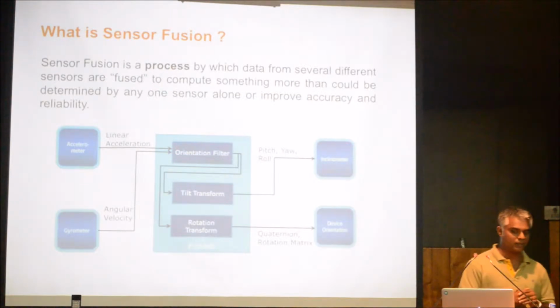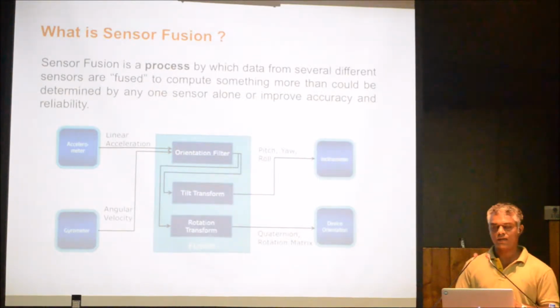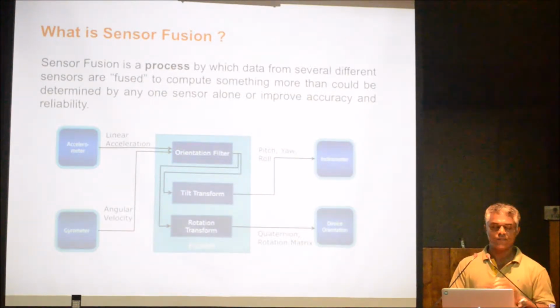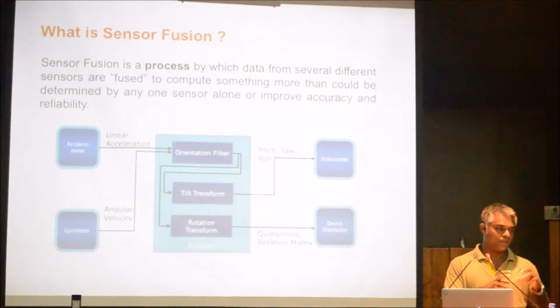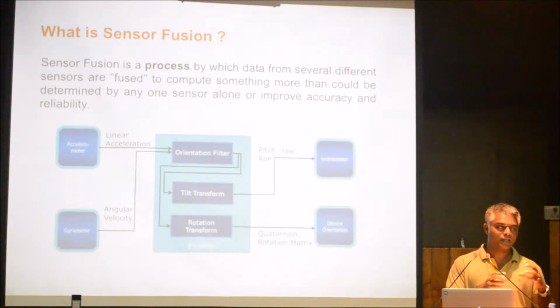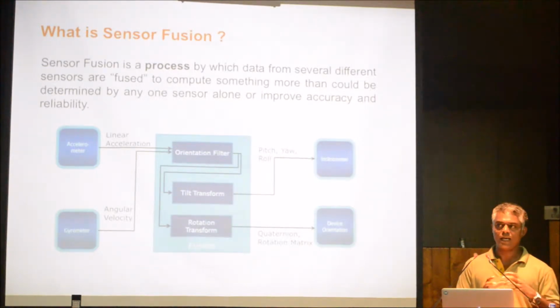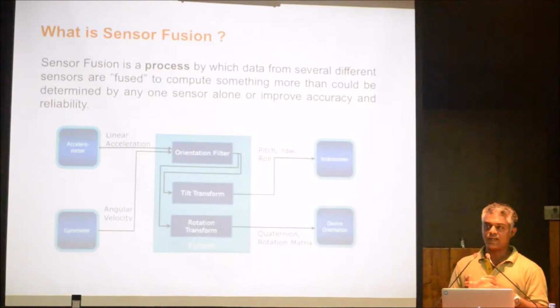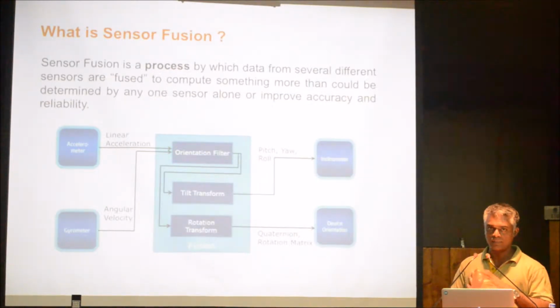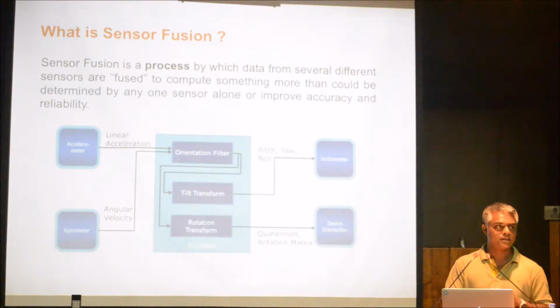So as I said earlier, when we say sensor fusion, we use several sensors and combine data coming from these sensors, using noise filtration and different algorithms to compensate some of the errors that we see in these sensors.